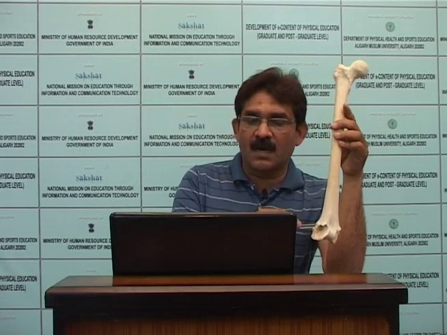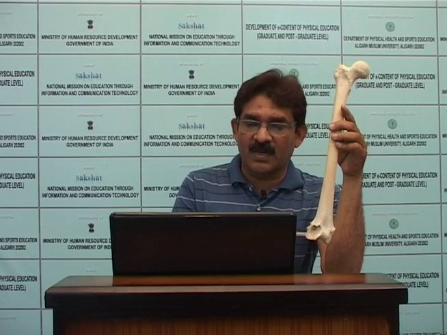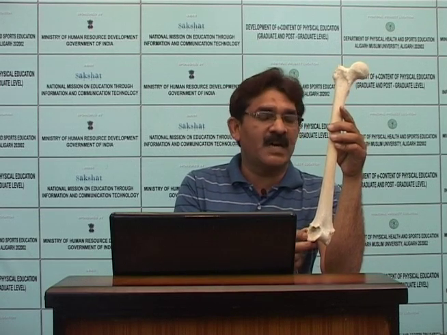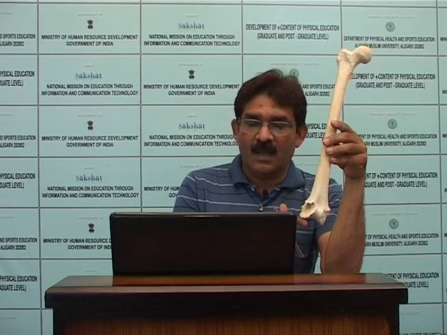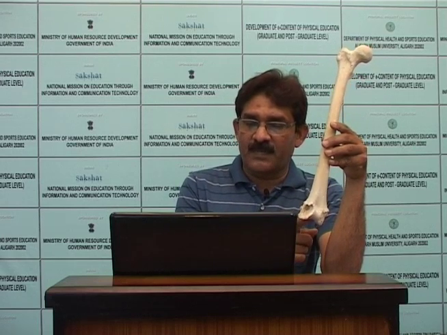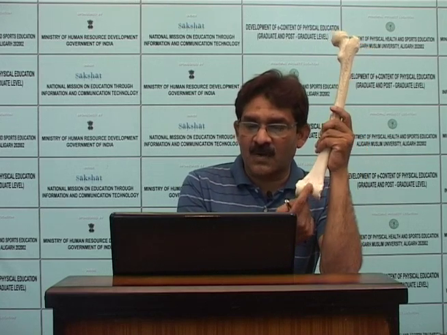and this is the lower end of this bone: medial and lateral condyles. This is the medial condyle and this is the lateral condyle, epicondyles, adductor tubercles, intercondylar fossa.